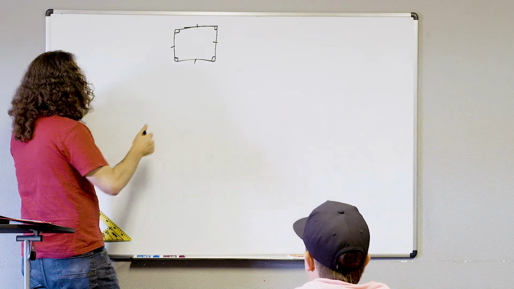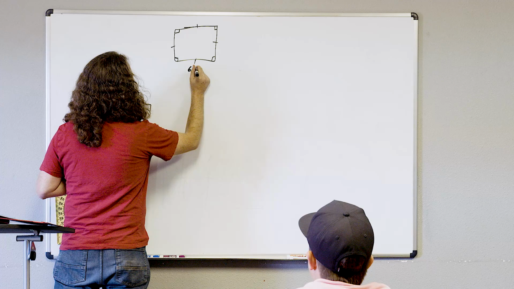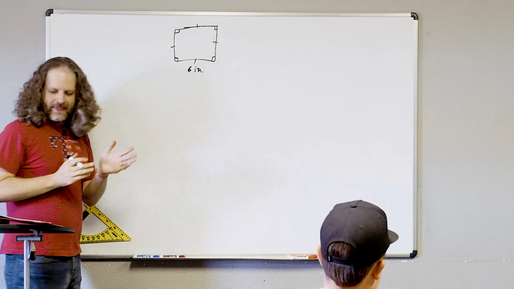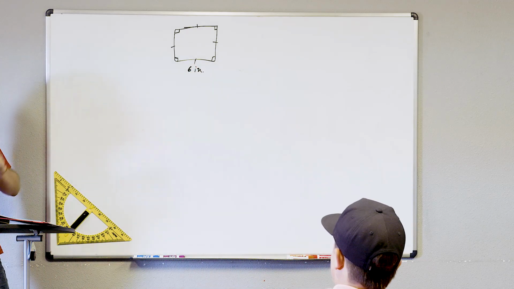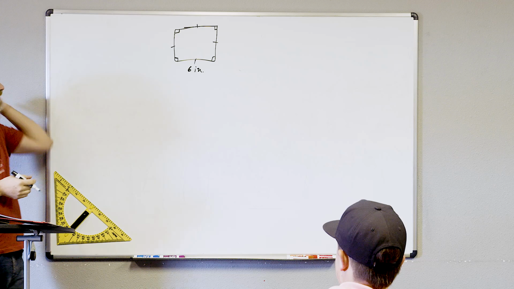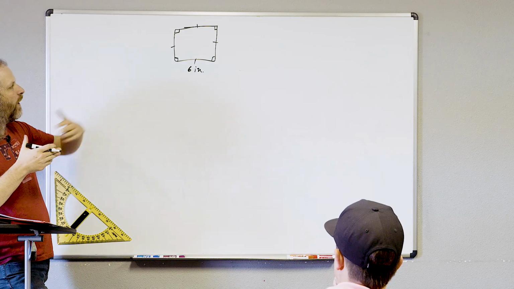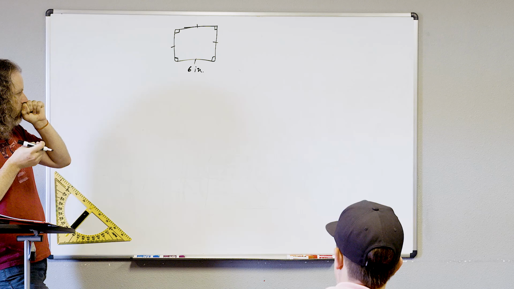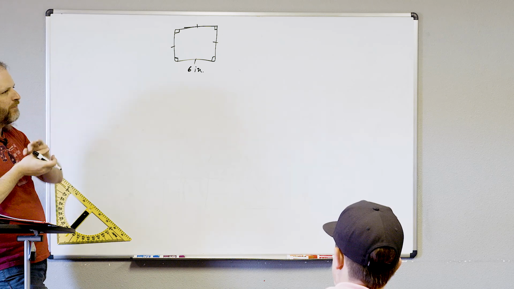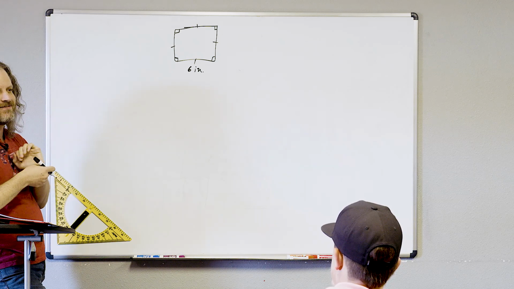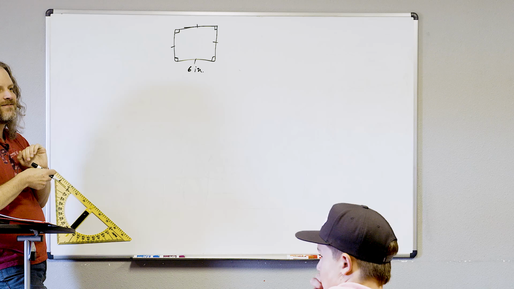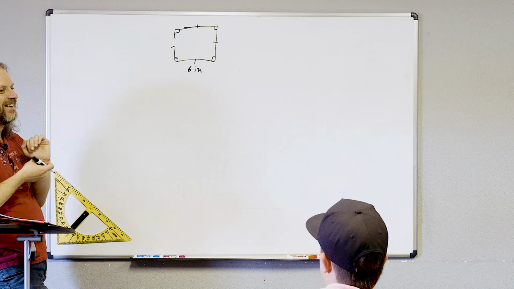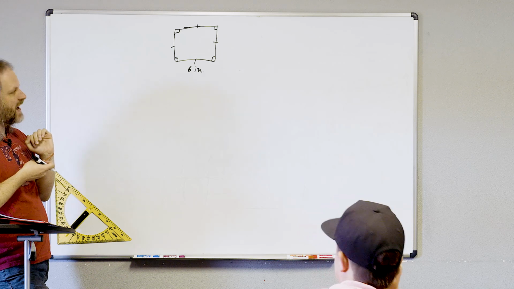And so it tells us that this is 6 inches, and it wants us to find the area of the figure. It doesn't say what to round to. So, what kind of shape is this? It's a square. So how do we find the area of a square? Side squared, right?